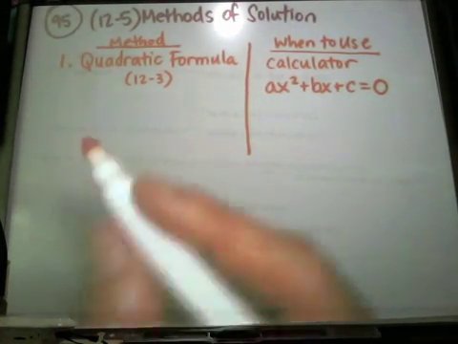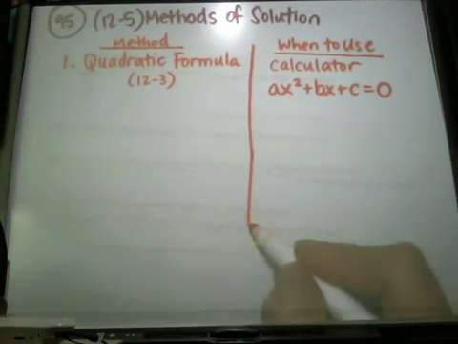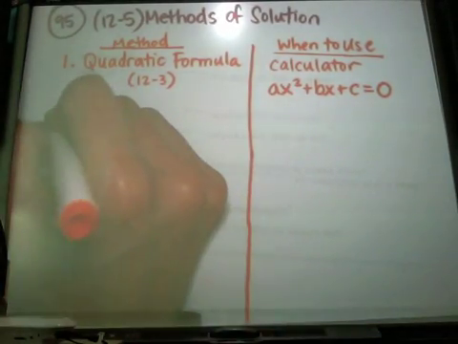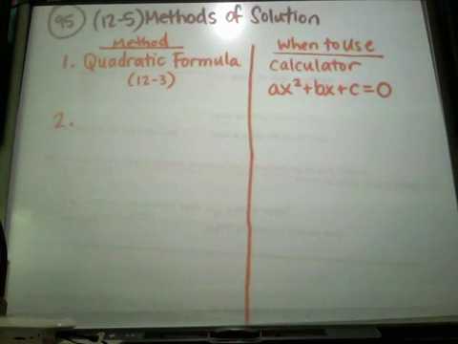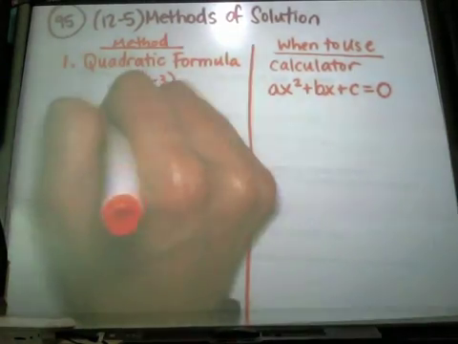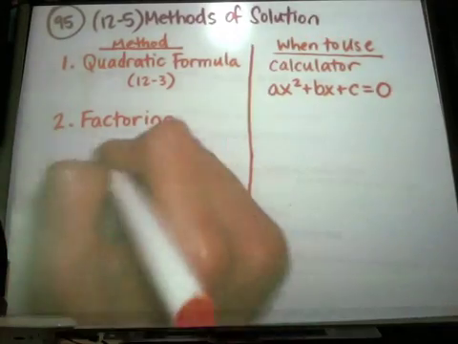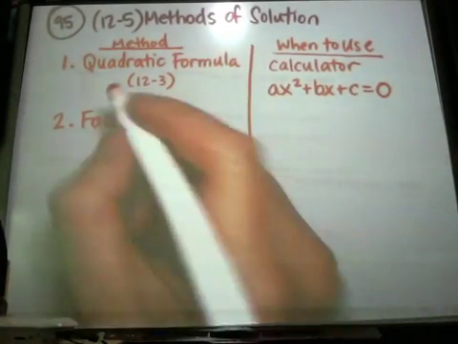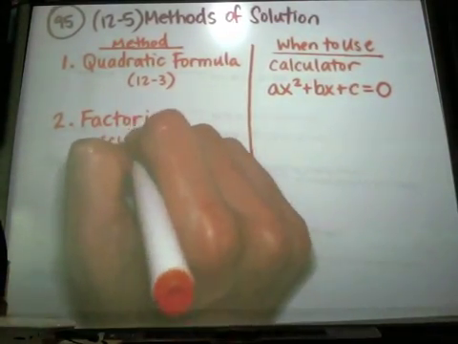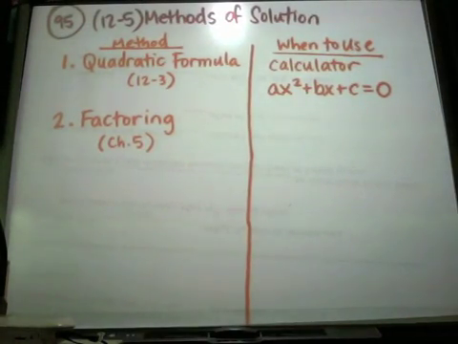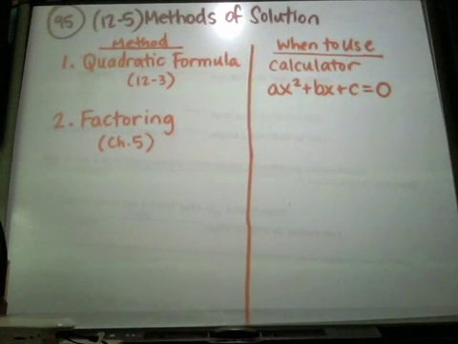Okay. Now, method 2. We haven't done a lot of this lately. In fact, we haven't reviewed it in this chapter, but I'm going to show you an example of it. Don't hate on factoring. I shouldn't say we haven't done it this chapter. We haven't really focused on it. A lot of this, I'm just going to put chapter 5. What we have done in this chapter is we have looked at the special patterns, square of a binomial.